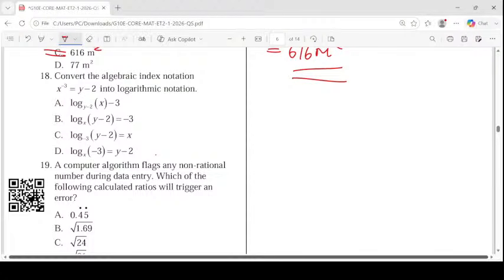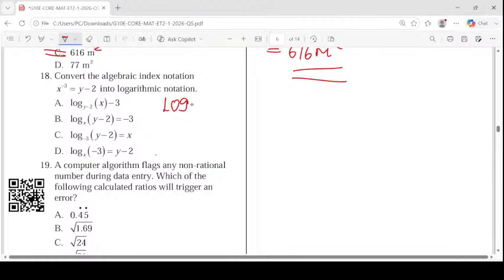This paper says convert the algebraic index notation x power negative 3 is equal to y minus 2 into logarithmic form. I want you to pick it from these choices.